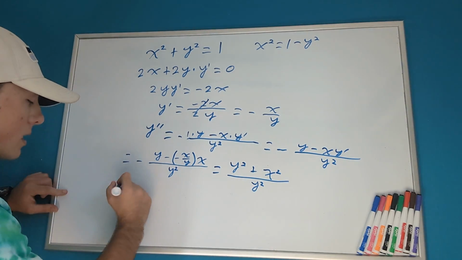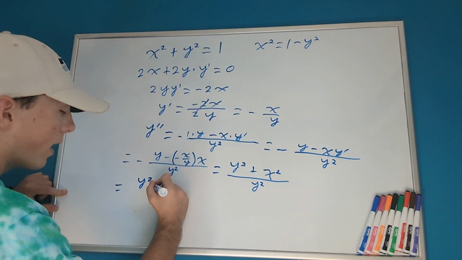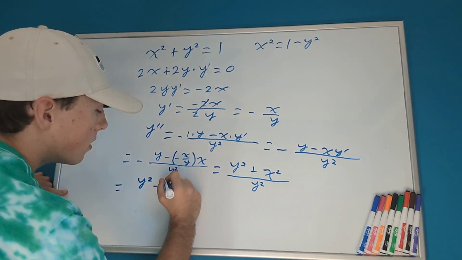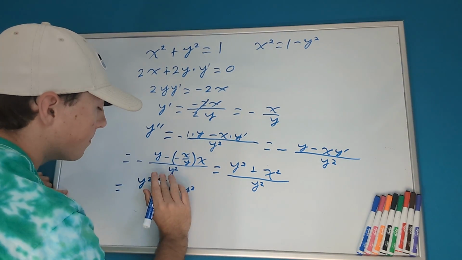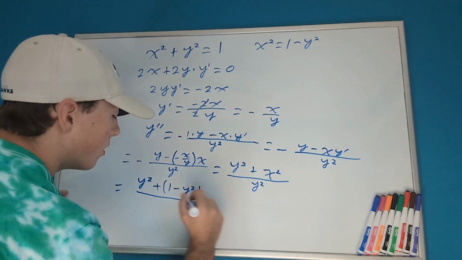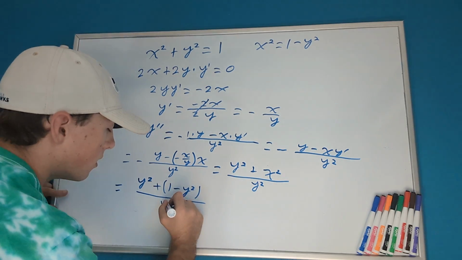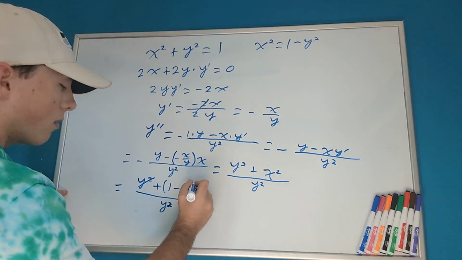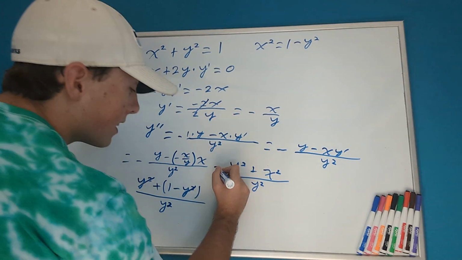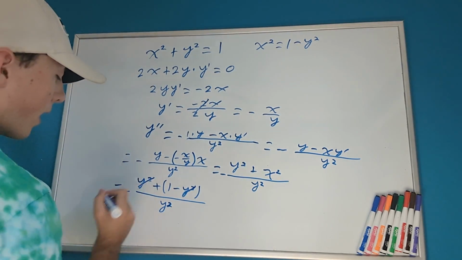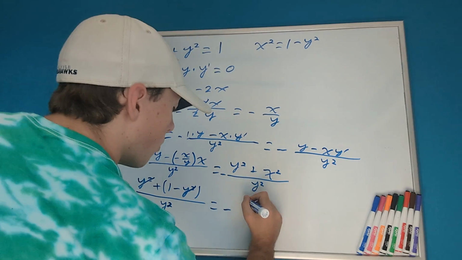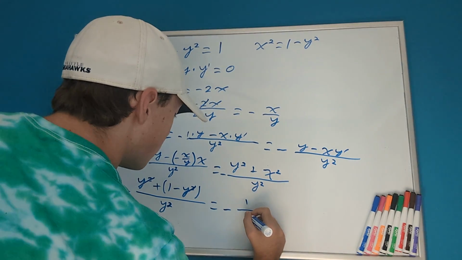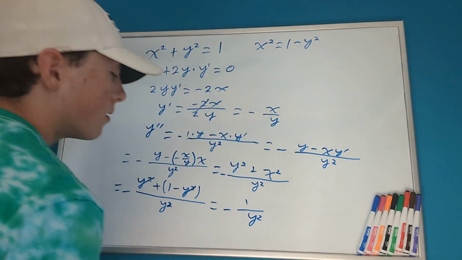So we can write this as y squared plus 1 minus y squared over y squared. And these two y squareds will cancel out. And let's not forget the negative. I almost forgot the negative. And we end up with negative 1 over y squared.